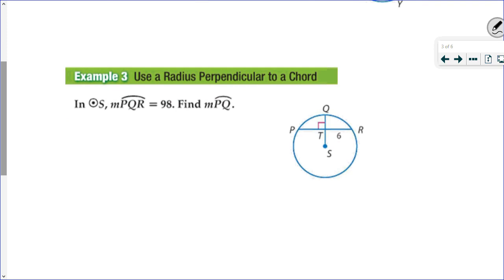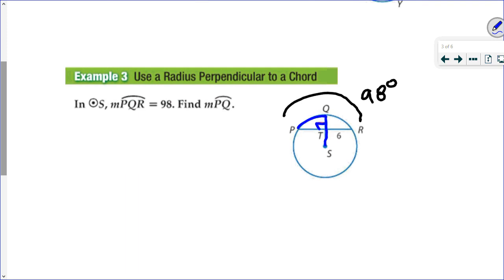Now let's use a radius perpendicular to a chord. In circle S, the measure of arc PQR is 98, so the whole thing here is 98 degrees. We want to find PQ, just this smaller arc. Well, clearly SQ is a radius.